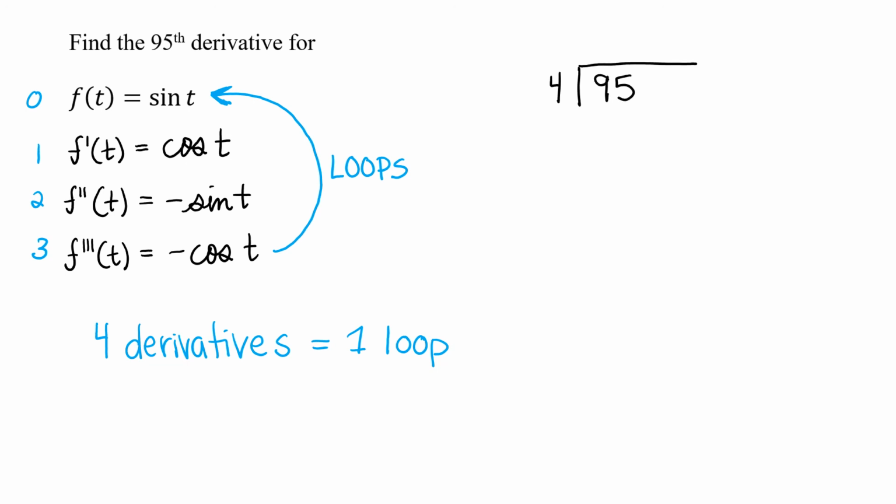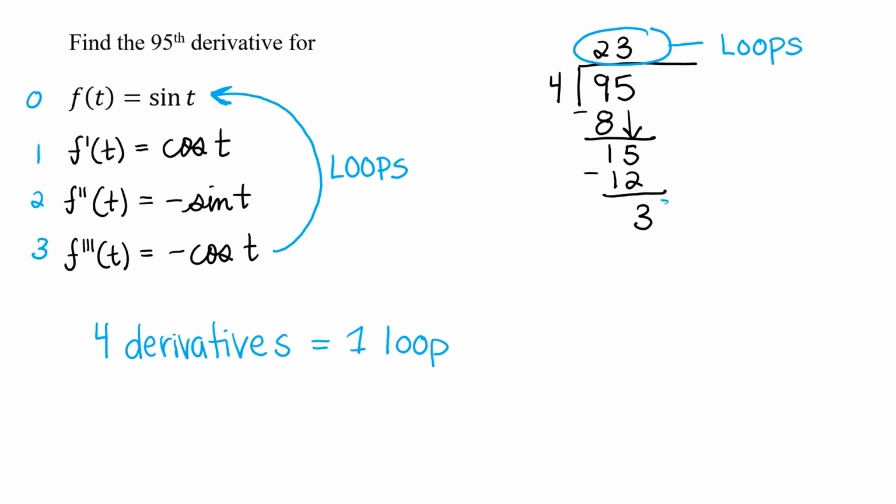So if we divide 95 by 4, 4 goes into 9 twice, with that 1 left over, carry down the 5, 4 goes into 15 3 times, with a remainder of 3. So that means that we have 23 loops and 3 extra derivatives.